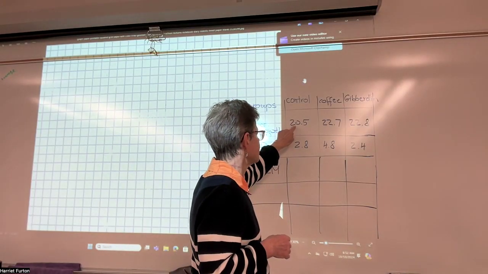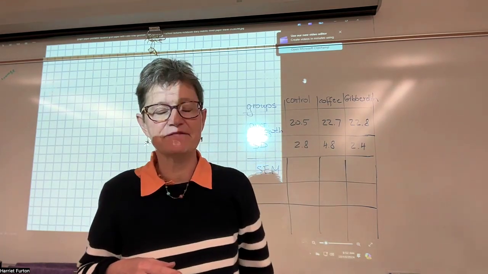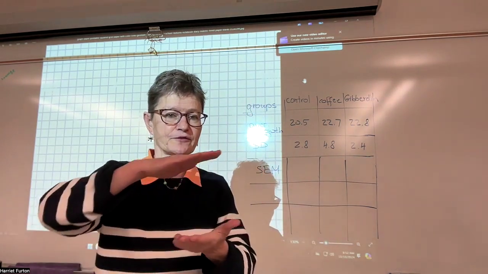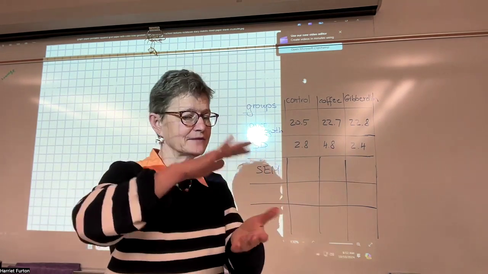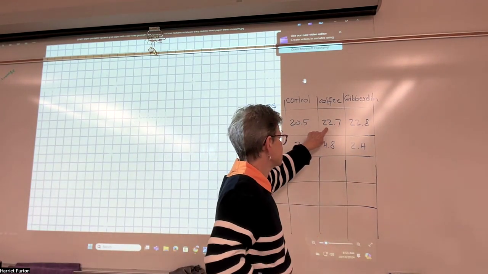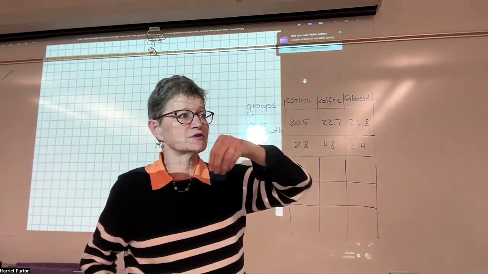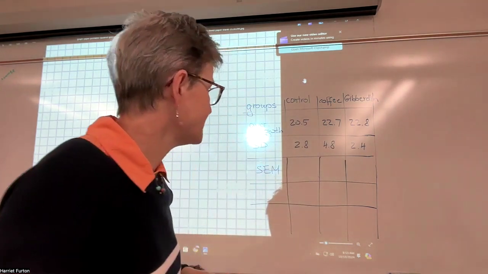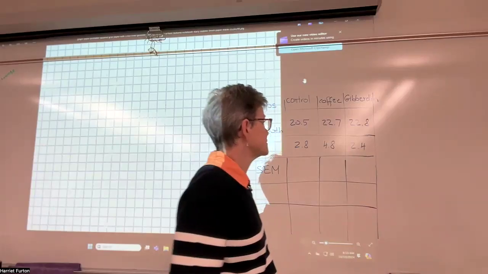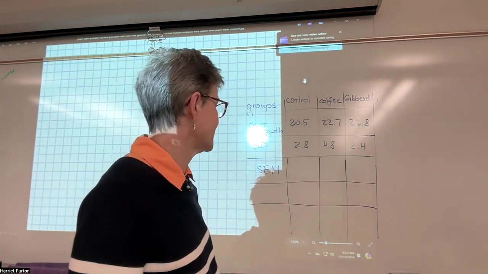For the control, we notice that the average growth from day 0 to day 14 is 20.5 millimeters. The onions whose roots were suspended in the coffee grew differently, 22.7, and the average for gibberellin was 22.8.